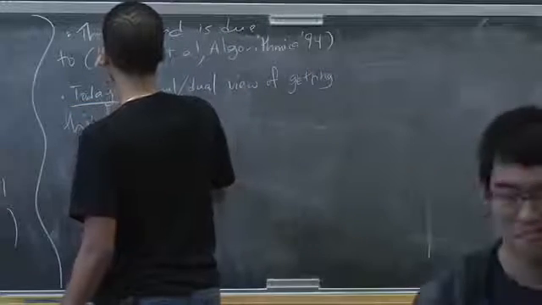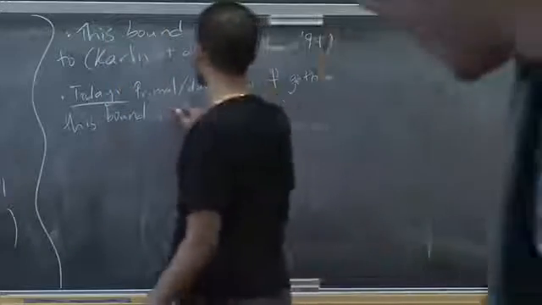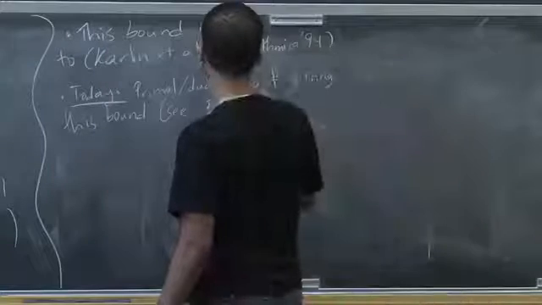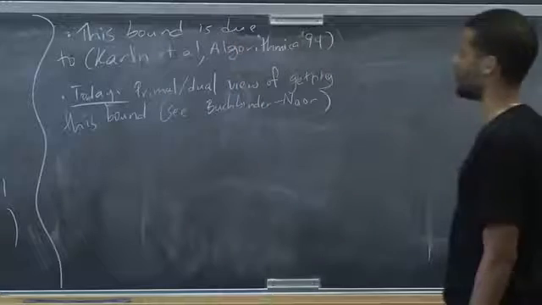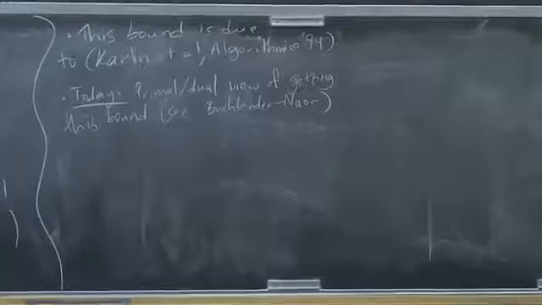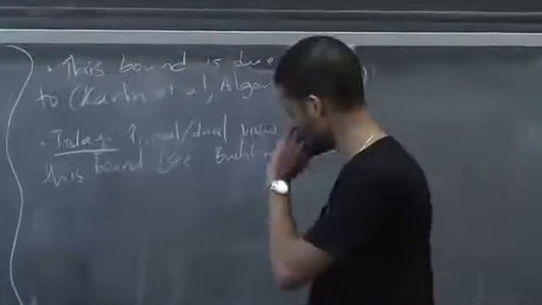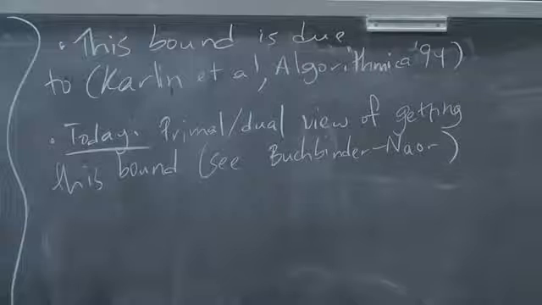And so you can see this book by Buchbinder and Naor. So they introduced in 2005, I mentioned last lecture, this primal dual approach of getting good online algorithms. And then they wrote a book, I believe in either 2007 or 2009, I can't remember, that gives this as one example amongst many others.